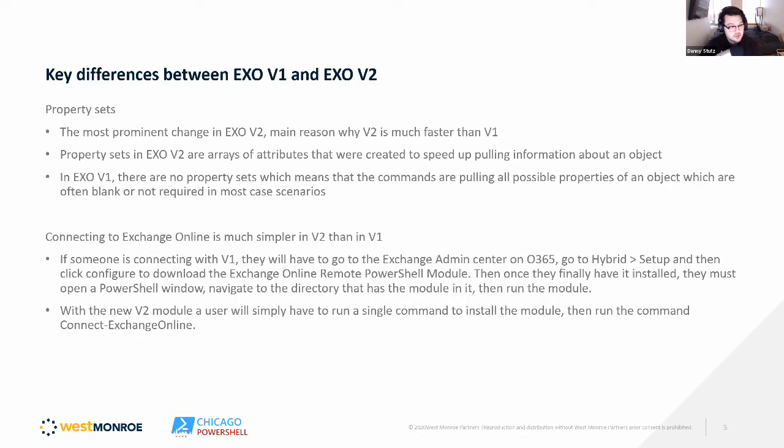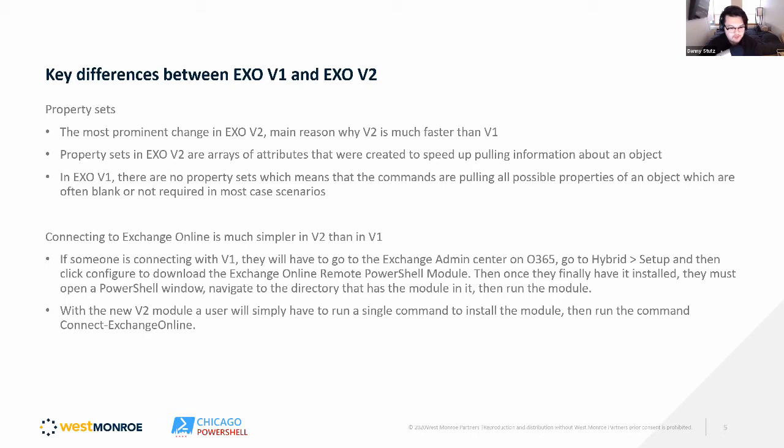In Exchange v2, they parse them out into property sets, which are just arrays of attributes. And so by default, if you run the same command, get-exo mailbox, which is the v2 command, you can specify which properties you want to pull so that you don't have to pull all available information, because otherwise you're just pulling information that isn't useful to you.